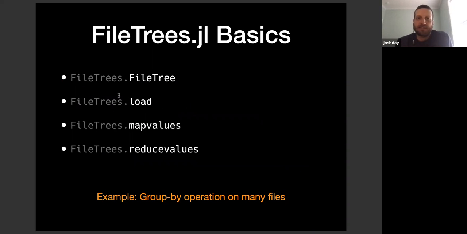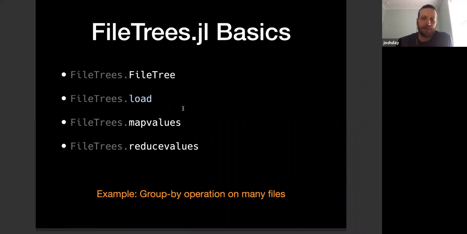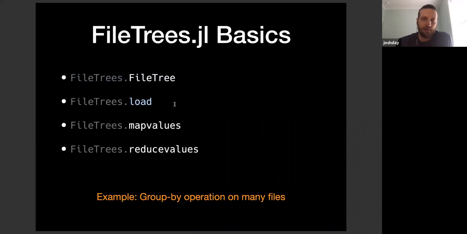The basics for FileTrees: there are four things to know about. There is the file tree object, which you start by initializing for a path. You create the file tree. You create a load function that can load files either lazily or greedily.